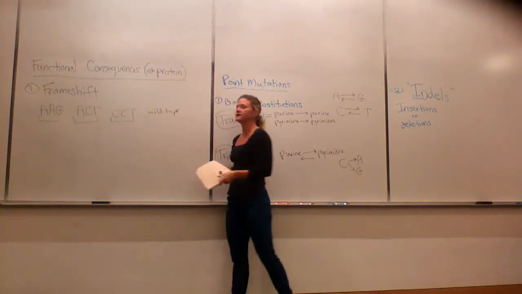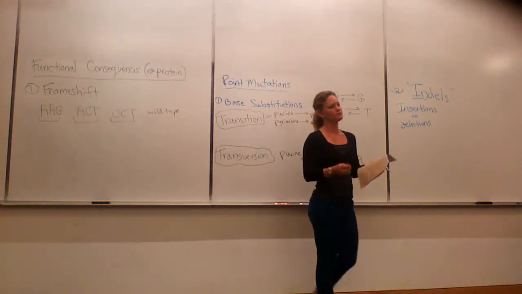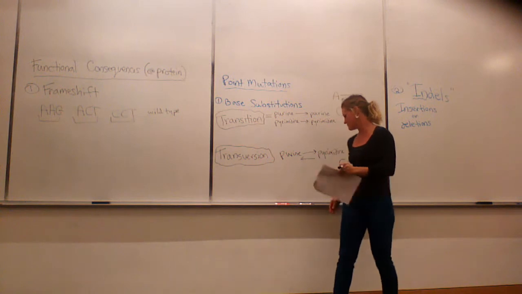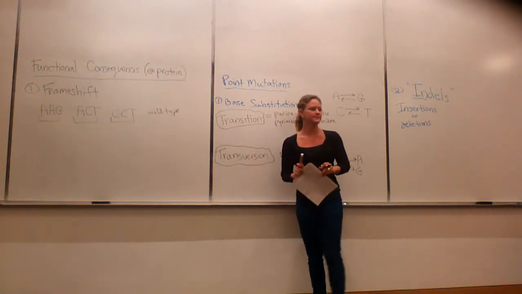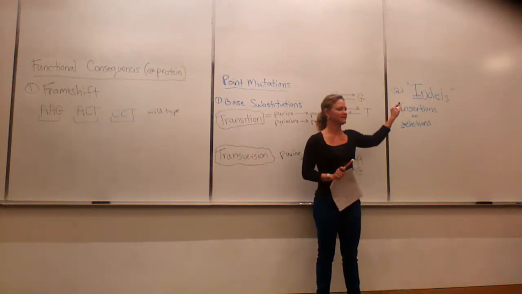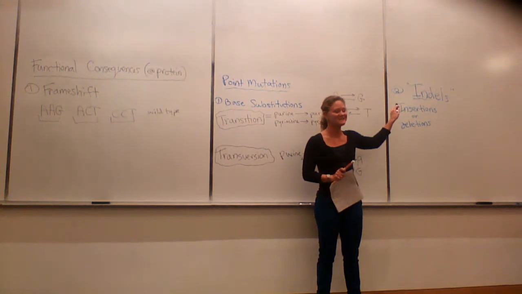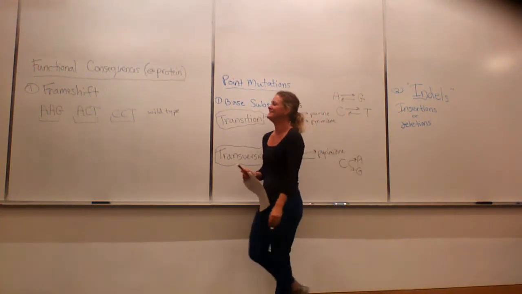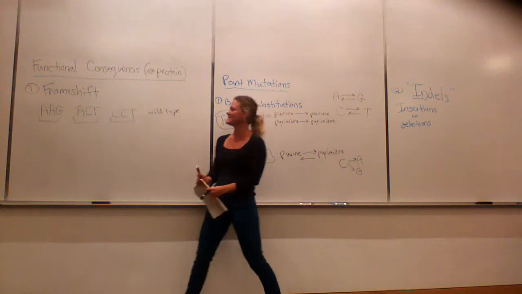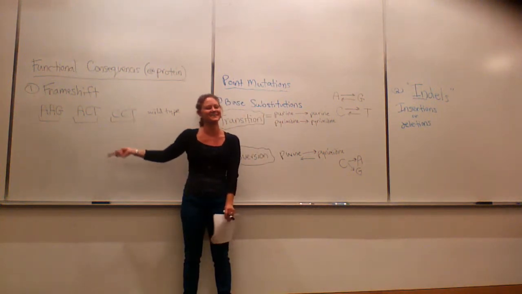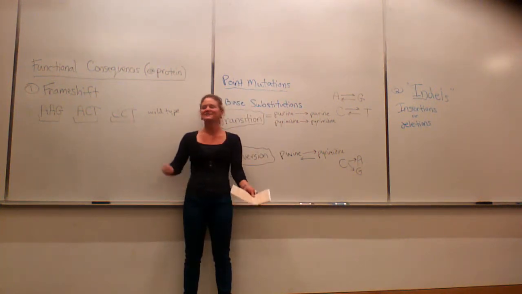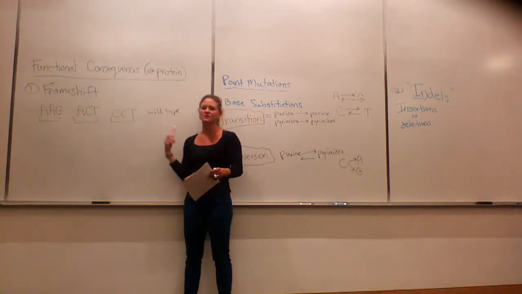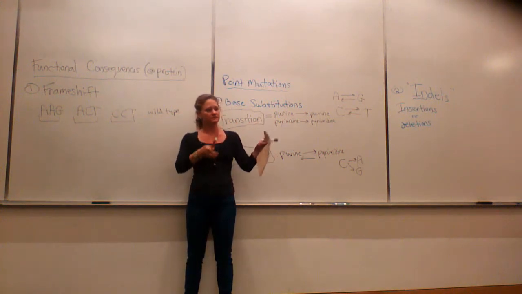What we mean with a frame shift, so what has to happen for a frame shift to occur? No one's saying indels. I'm supposed to say indel and be cool. Indel, right? You insert or delete something. Yeah, so you guys are correct. You insert or delete a base pair and it throws off the sets of 3 codons, okay?